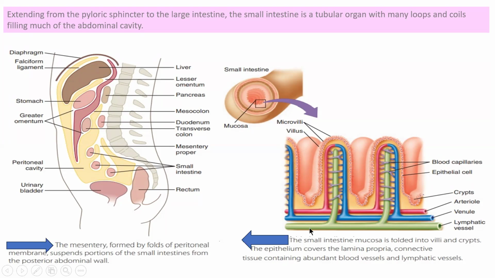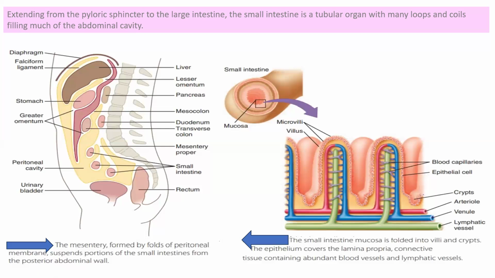Blood capillaries are a structure of the small intestine. Mucosa is folded into villi and crypts, and the epithelium covers the lamina propria, connective tissue containing abundant blood vessels and lymphatic vessels.